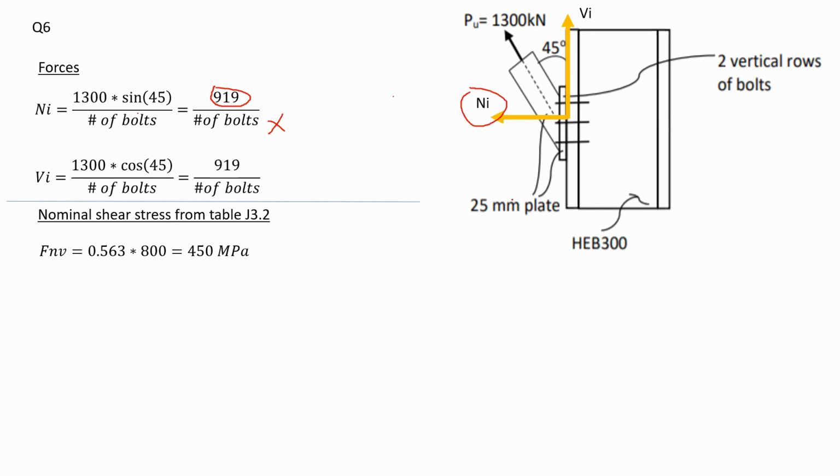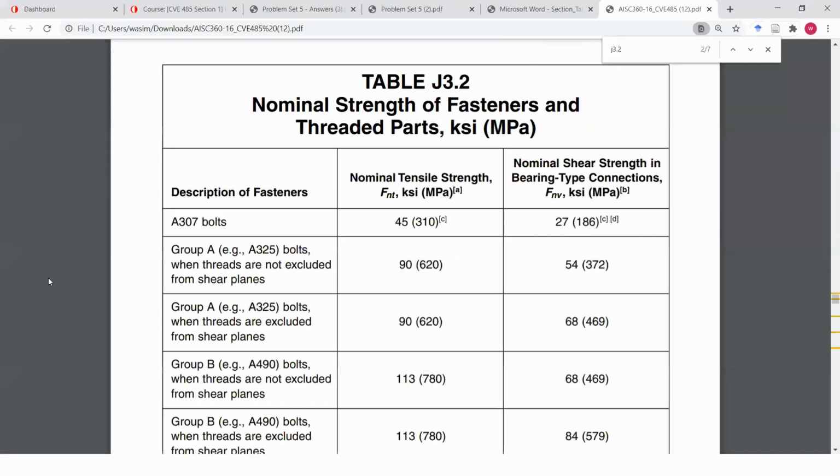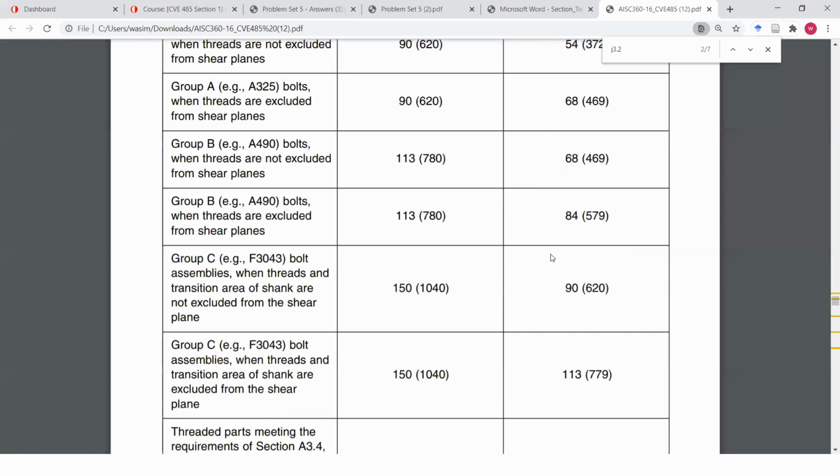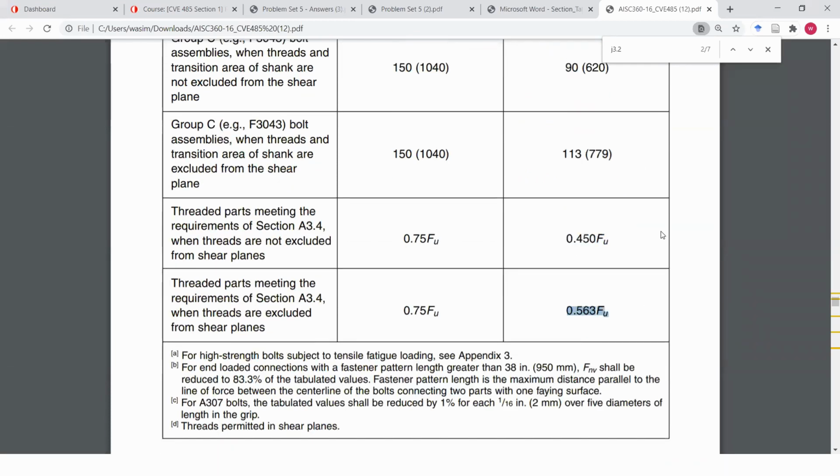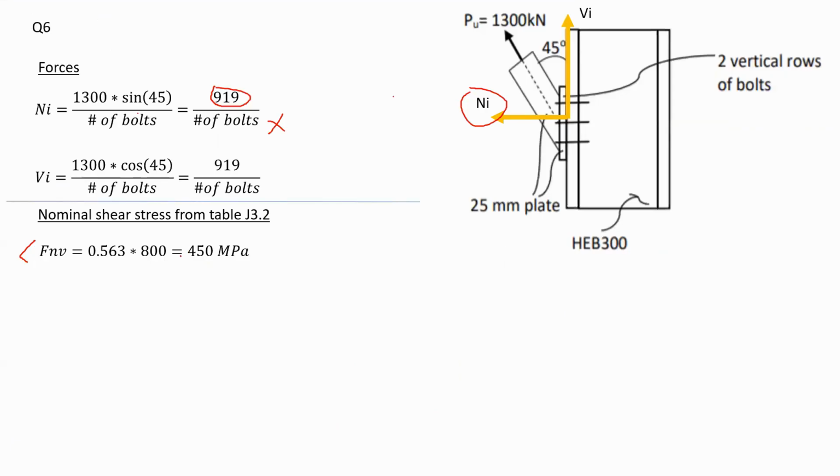So we will be using different equations than we used before. But before we get into that, I will calculate the necessary things I need for my equation. First, I have to consider the nominal shear stress from table J3.2, FNV. Since the threads are excluded, I'm considering FNV as 0.563 FU. Multiply that and you get 450 megapascal.